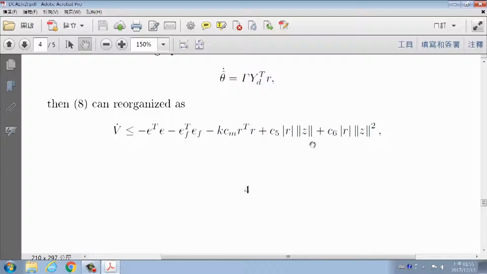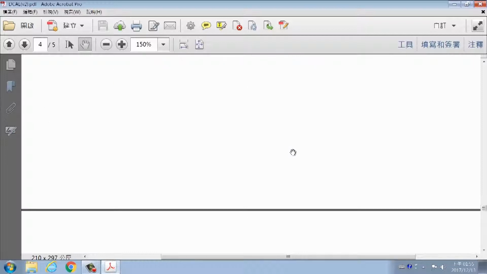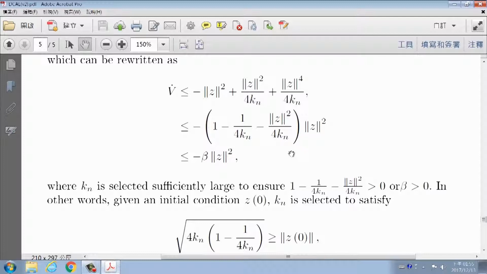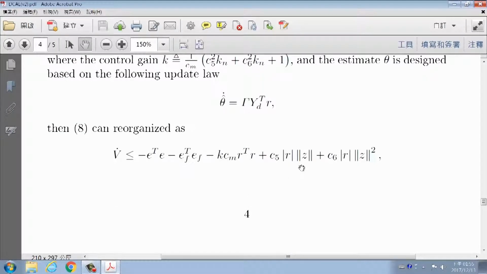But now you have two more terms to deal with. So how you can do that is, you can do this by upper bounding this by Young's inequality.